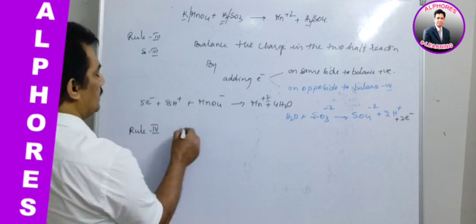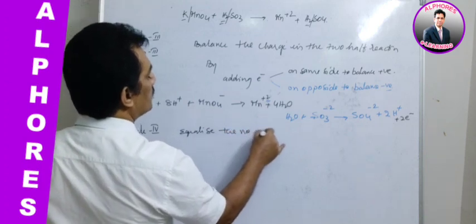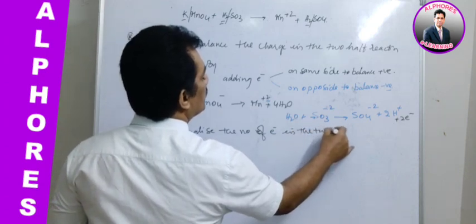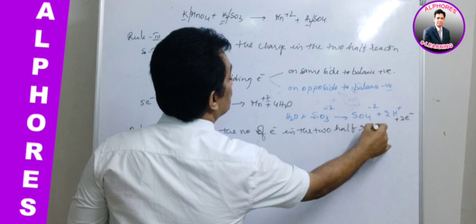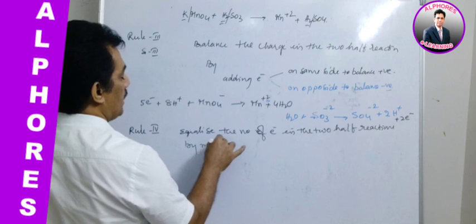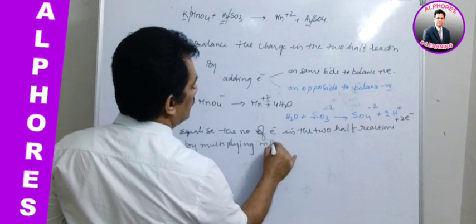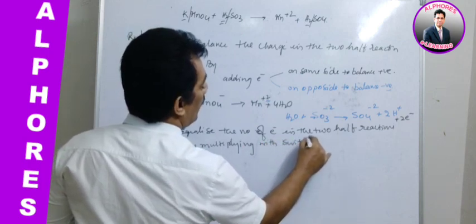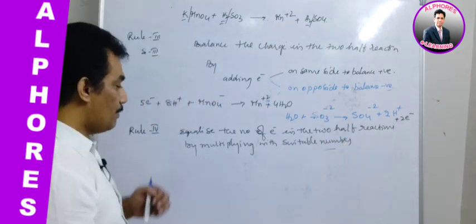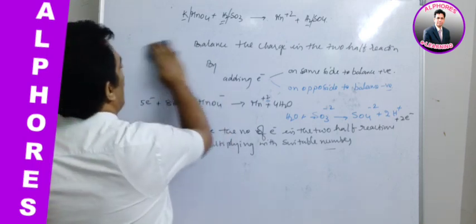Here we have to consider like this: equalize the number of electrons in the two half reactions by multiplying with a suitable number. Just let me explain this by writing one after the other.